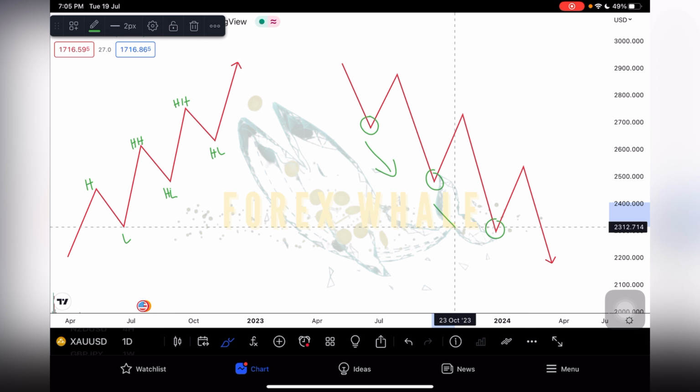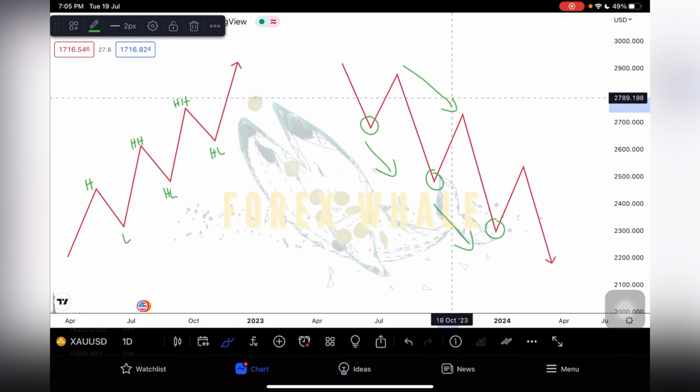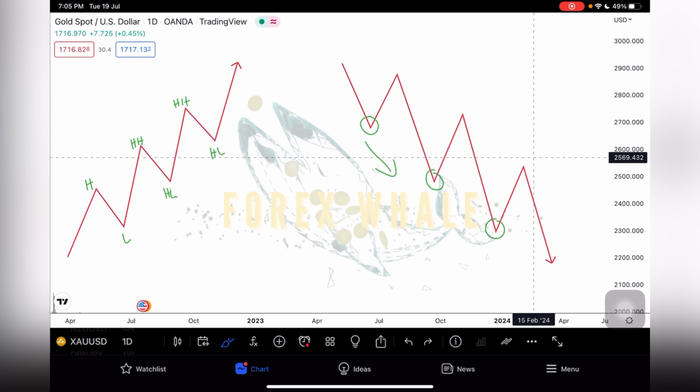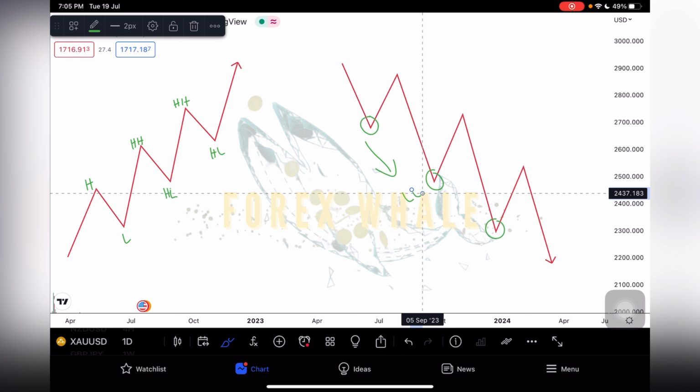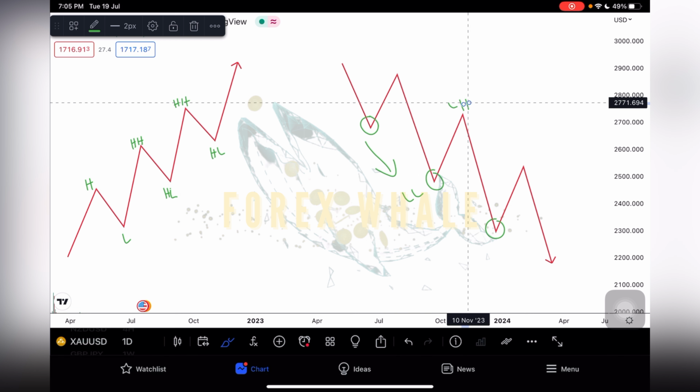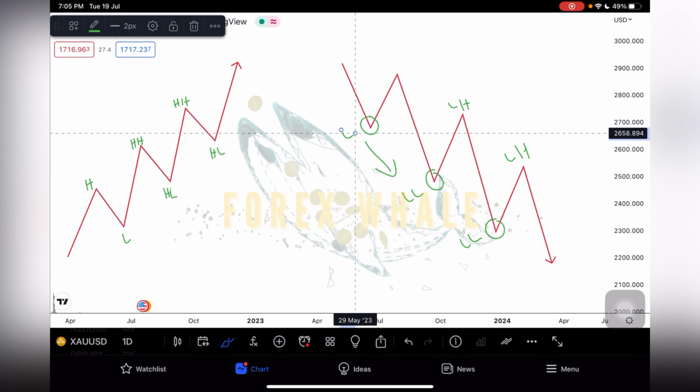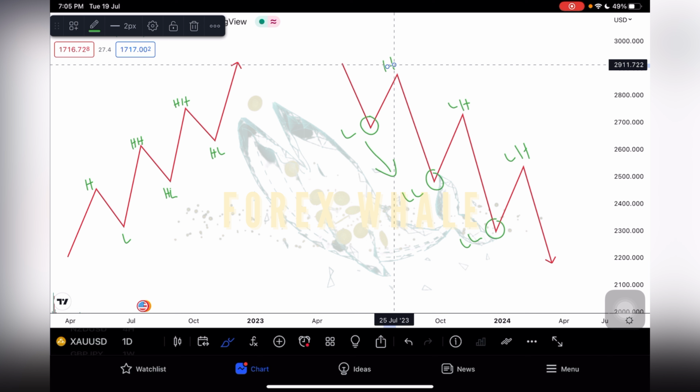The new low is always lower than the previous low, and the resistance is always lower than the previous resistance. This is an indication that price is on a downtrend. Very simple. Usually this is your lower low, lower high, lower low, lower high. So low, this is your high. Low, high, lower low, lower high, lower low, and lower high.